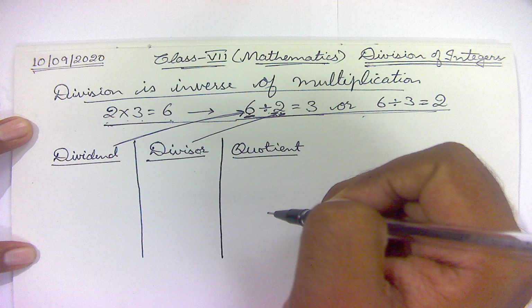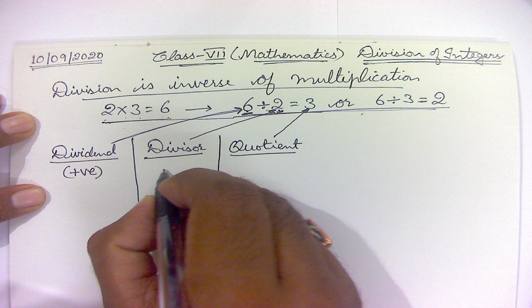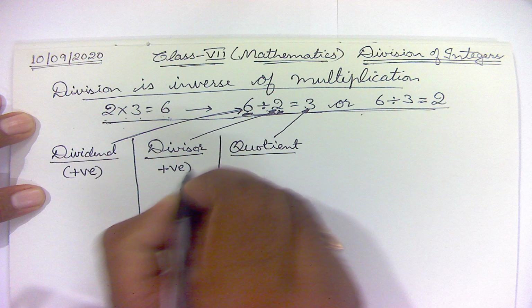Suppose your dividend is a positive integer and you are dividing it by a positive integer, means both dividend and divisor are positive. Then in that case your quotient will also be positive.